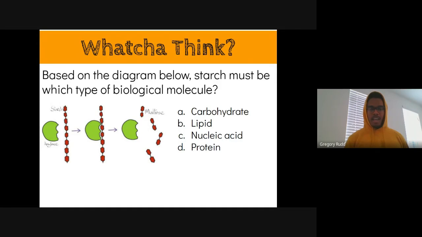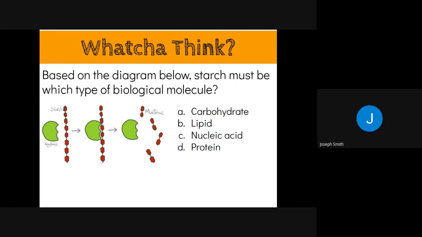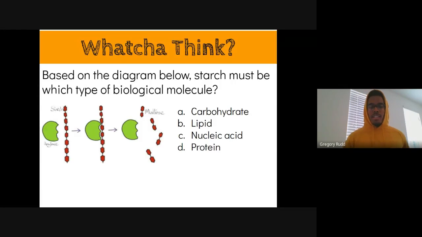Anybody else think anything else? Let's see. Who was on the call yesterday? Fanique, Nevea, DJ. Is it A? It is. It was a carbohydrate. I said lipid. Good. Starch is a carbohydrate.